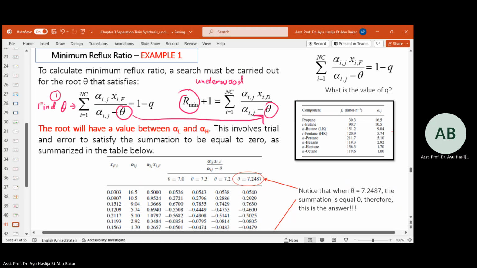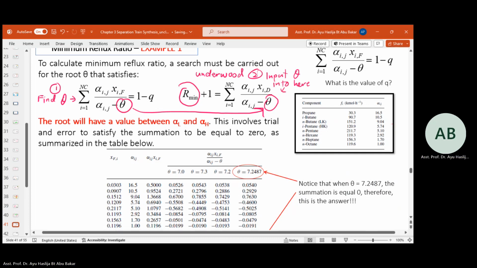Then the second step. Now the crucial part is to find the theta, because if you don't get the correct theta, your R min will be wrong. Now, how to get the theta?